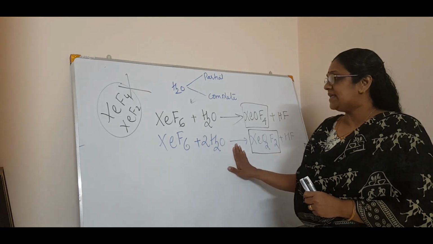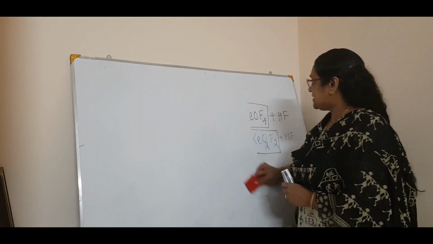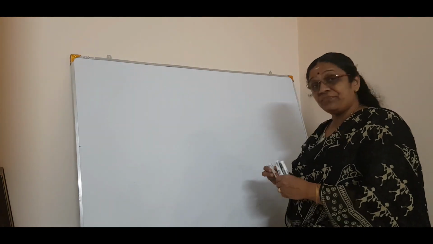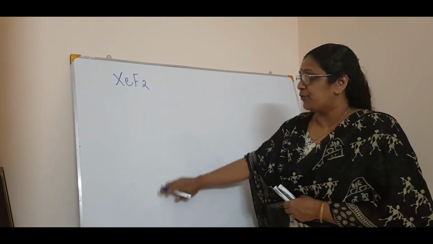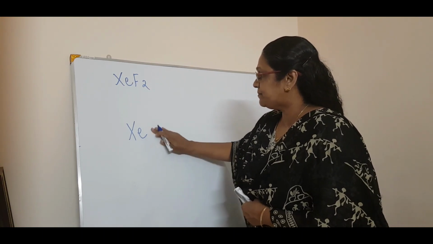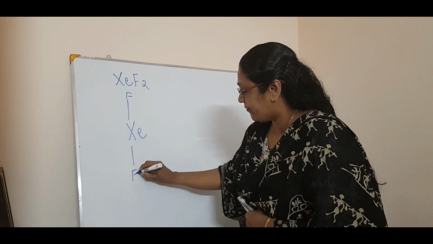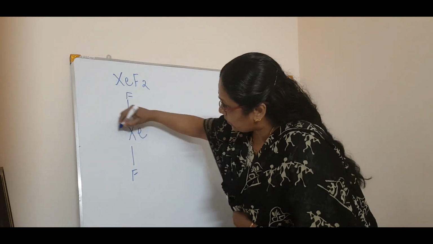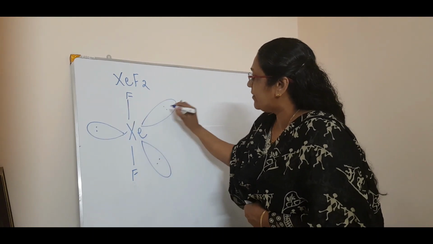Okay. Now we will see some of the structures of these xenon compounds. First we will see XeF2. See, Xe is in the middle, and F and F on either side. Now this is trigonal bipyramidal XeF2. So here one lone pair, here one lone pair, and here one lone pair.